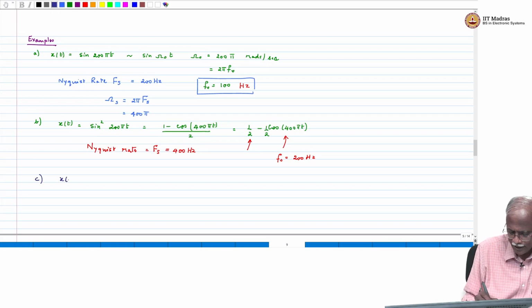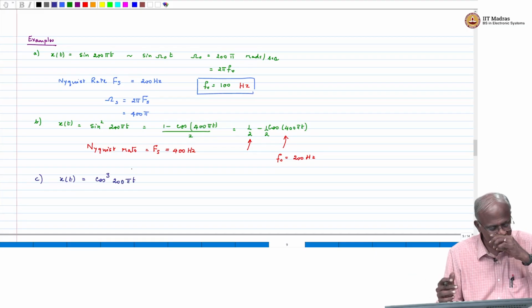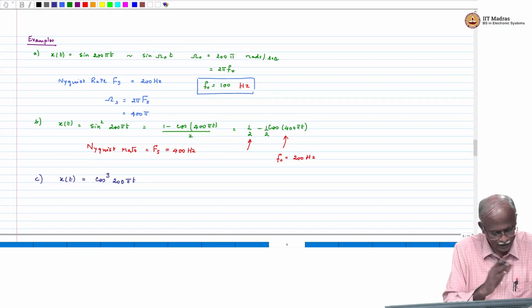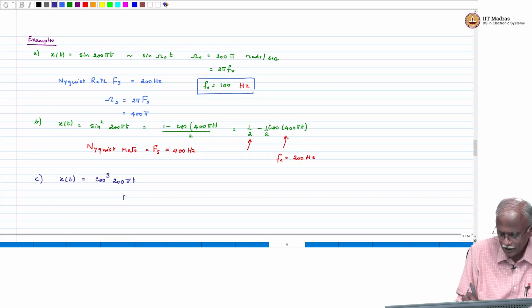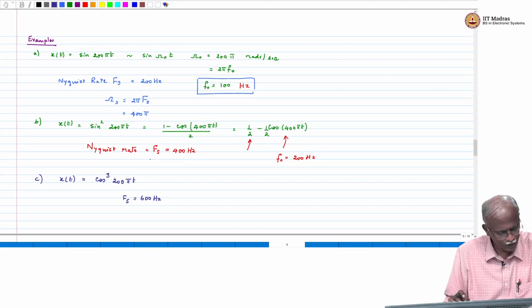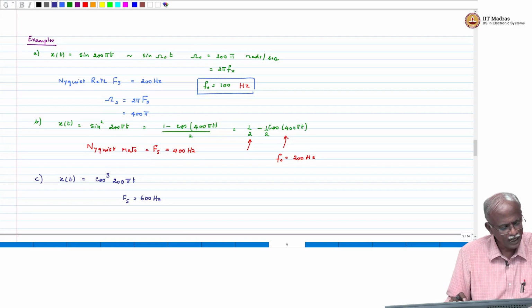Supposing I say that x of t is equal to cos cubed 200 pi t. Again, rewrite it in terms of cosine theta and cosine 3 theta, and you can verify that in this case the sampling frequency will come out to be 600 hertz. You can look at the expressions and do that.